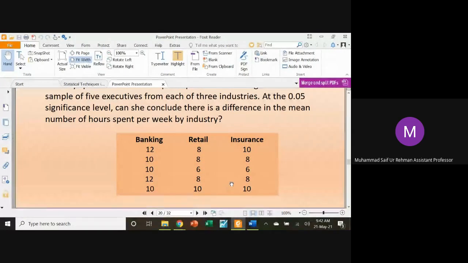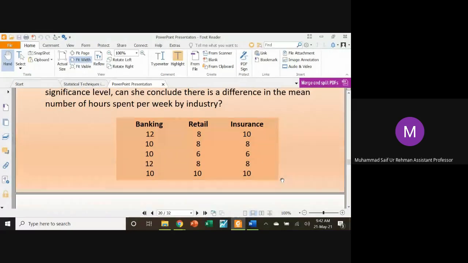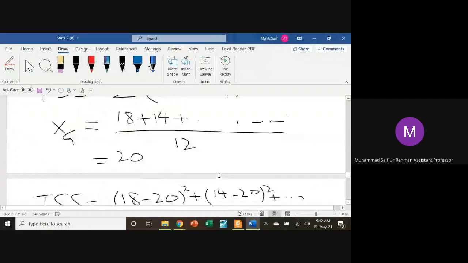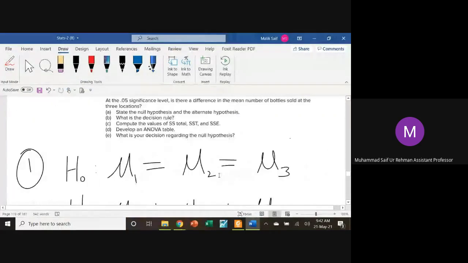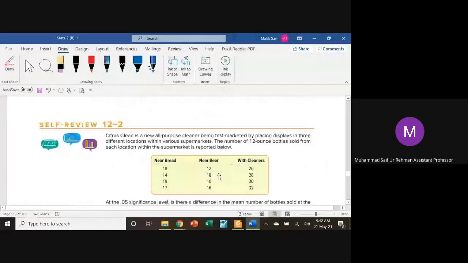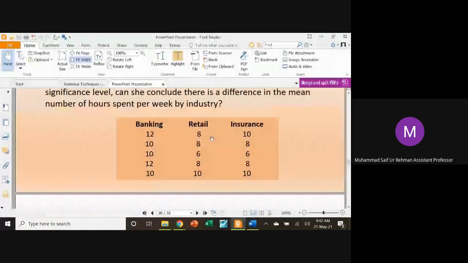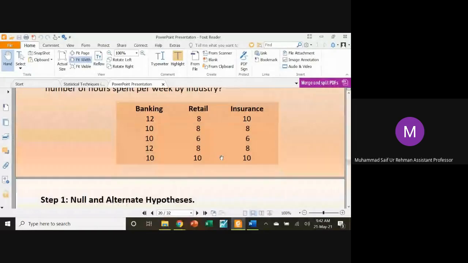Okay. So these are the 3 industries, banking, retail, and insurance. Data are there. Same as I have data in this case. You can see there are 3 treatments, and here also there are 3 treatments. Okay. So you can solve this question using 6 steps.